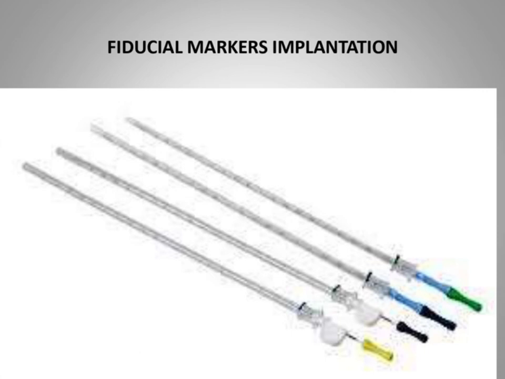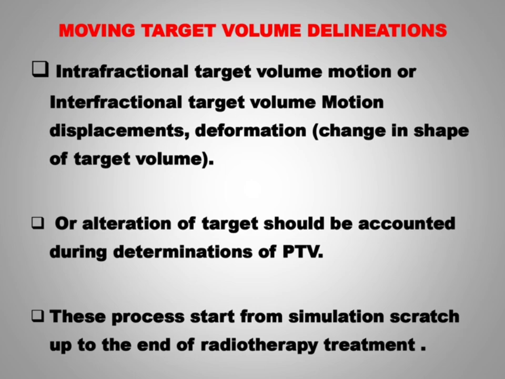These markers may be tracked in real time to obtain 3D coordinates for target correlation. You see here the fiducial marker implanted, particularly in lung cancer patients, and then you see the difference from the reference in the daily online radiotherapy imaging. You see the difference, so you need a correction for that.